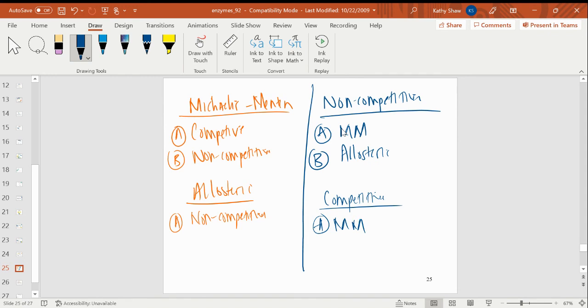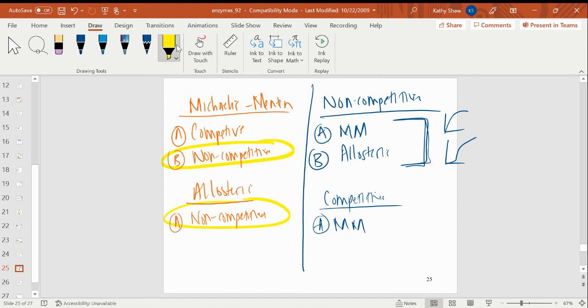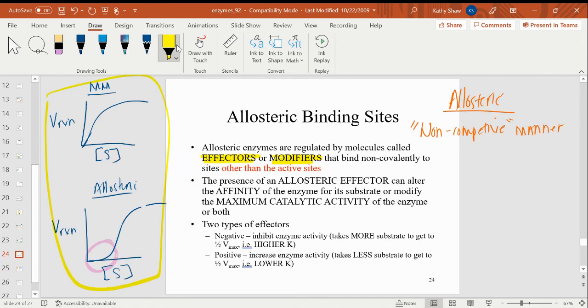The second way makes it more clear that the non-competitive is different with the Michaelis-Menten and the allosteric. Of course, my graph coming up and over, my graph dragging, and then coming up and over. So I'm pointing this out now because I want you to be clear on this difference. And that's why I'm saying it in kind of a goofy way too, saying non-competitive manner. I just don't want you to mix those two things up.